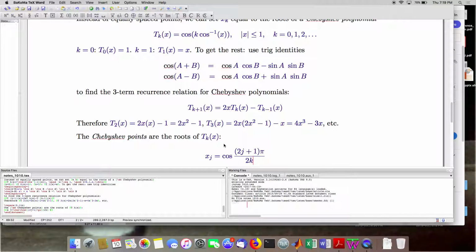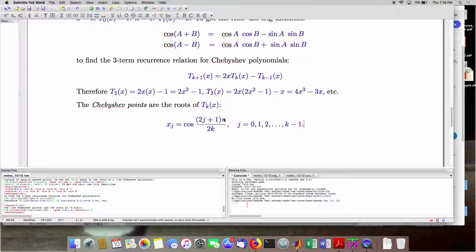And this holds for j equals 0, 1, 2, etc., up to k minus 1. Now, these are not equally spaced, but notice the angles that are passed into cosine, those are equally spaced.